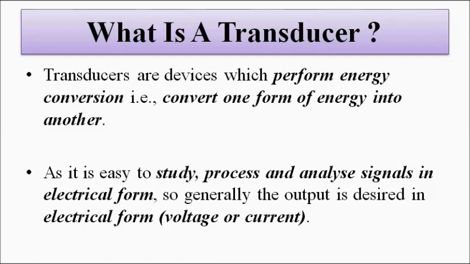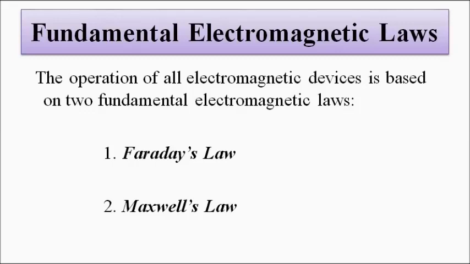So whenever magnetic flux and electric current or voltage come together, we have to go for the fundamental electromagnetic laws. We have already discussed this in electrical machines principle of operation, so you can watch those videos if you want to get into the details.